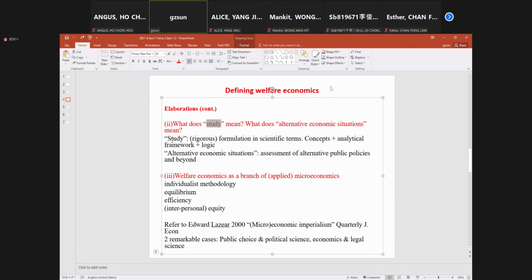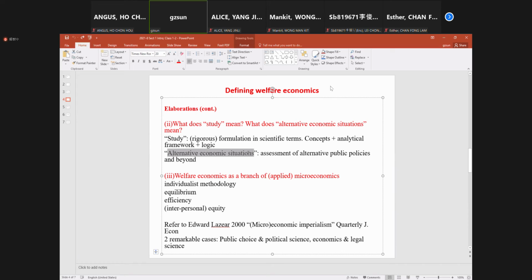We analyze, we make a rigorous formulation in economic or scientific terms. We make use of concepts plus analysis plus logical reasoning to formulate our ideas about social welfare. And so this is study.